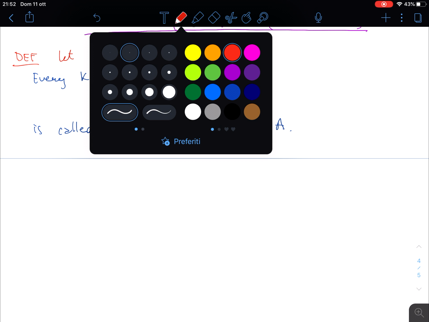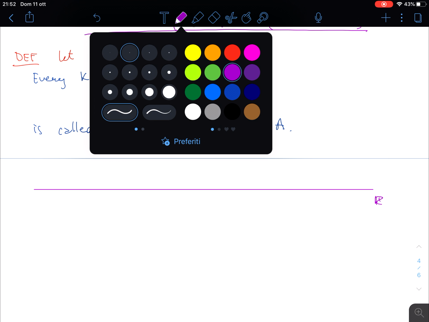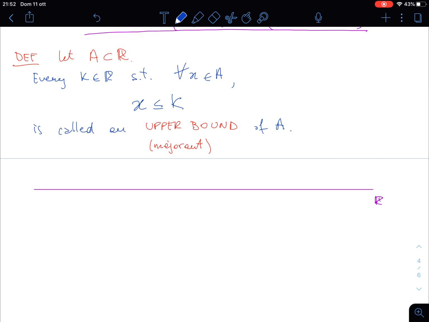So this means the following. Consider the real line R. Then you have your set A, which is made of some intervals, for instance, some points, some dots here and there.